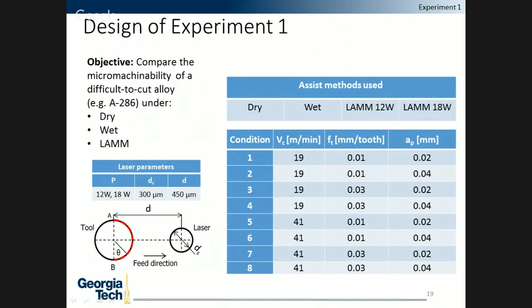These parameters were chosen off a thermal mechanical model, and these 4 assist methods were tested over 8 different cutting conditions with varied cutting speed, feed, and depth of cut. And these cutting conditions were chosen from a literature review of micromilling of similar high nickel content alloys.